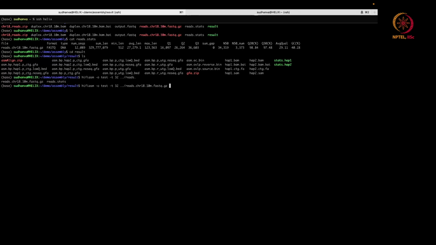The set of reads that I have are stored in the parent folder to the current folder in the gzipped file reads.chr18.10m.fastq.gz. We will store the log in a file called logs, and we can follow it in a separate screen.